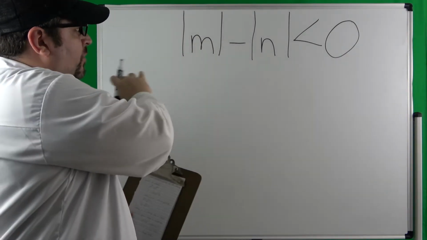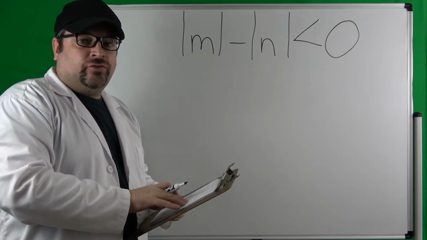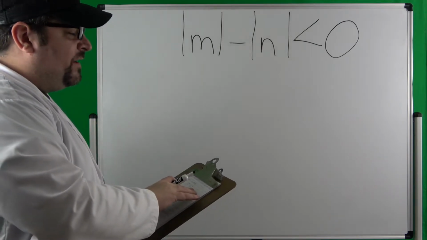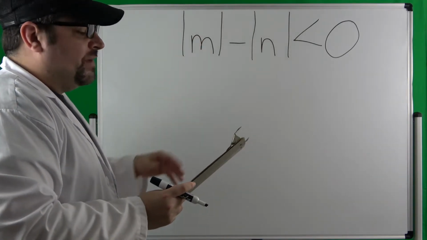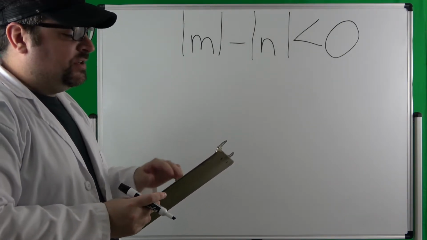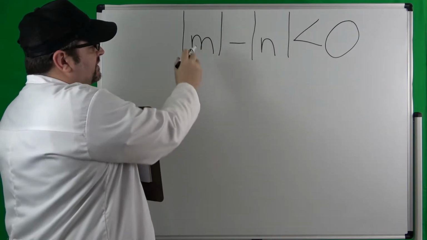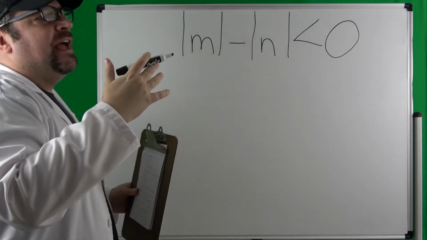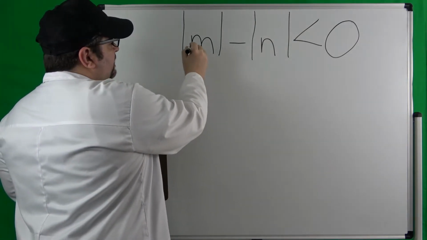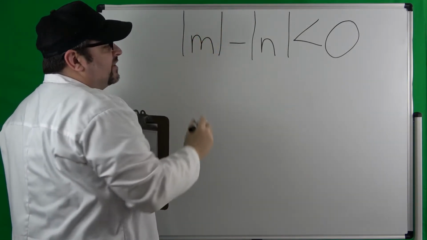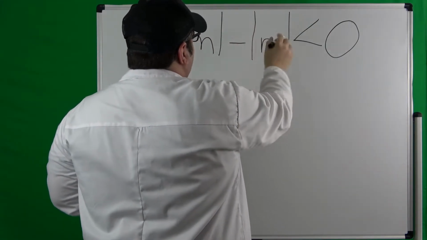Alright, this is another question where it's best to just look through your choices and try to find a situation that wouldn't work with the problem, and just use process of elimination. So looking at this, it's less than 0, with absolute value, which means anything that's in here is going to be turned into a positive.